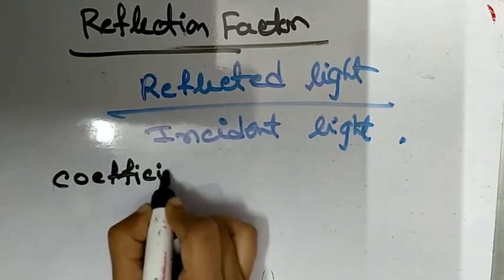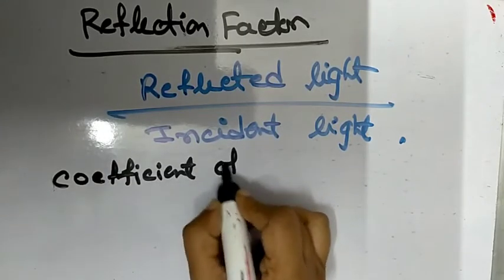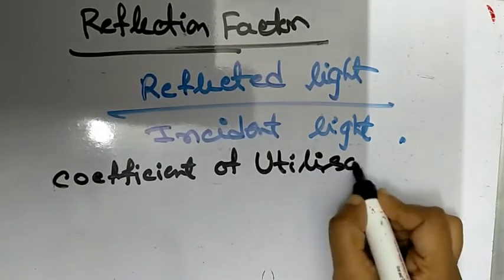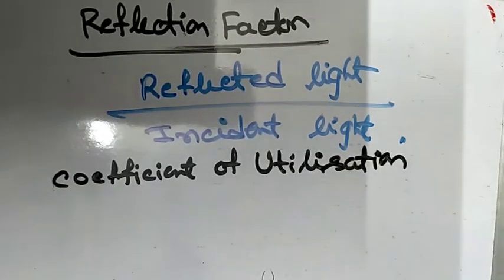Next is coefficient of utilization. Not all the light emitted by the lamp reaches the surface to be illuminated.